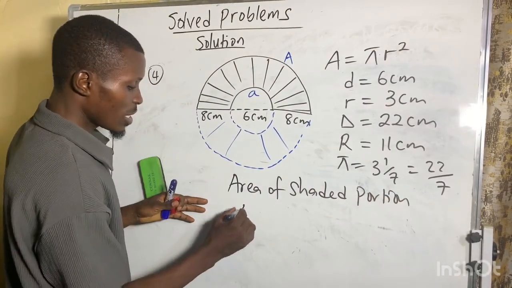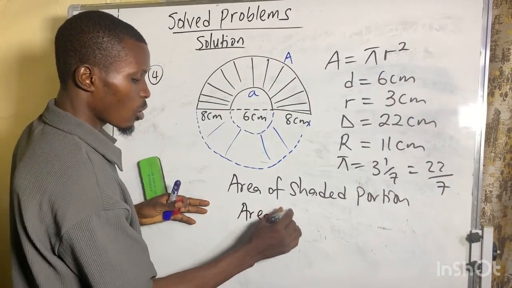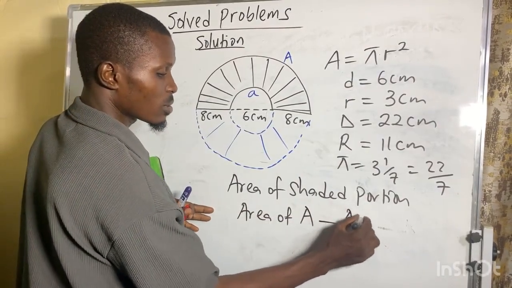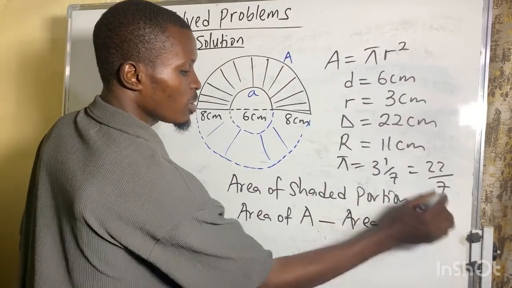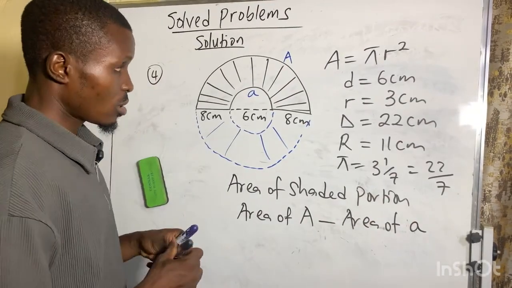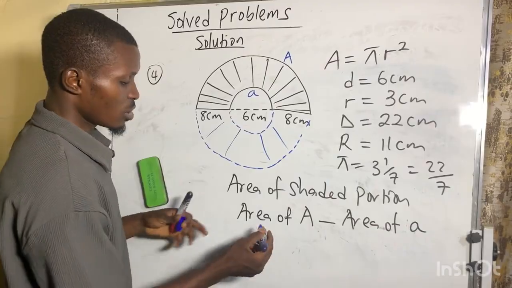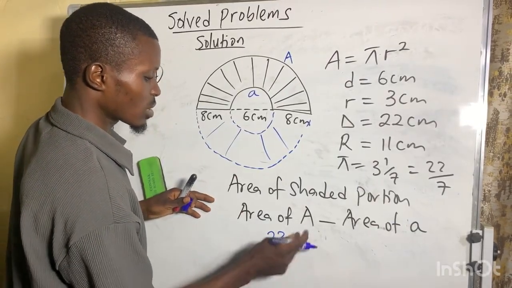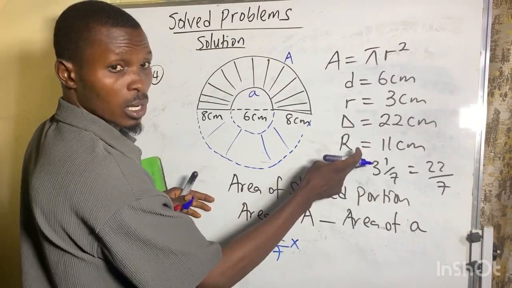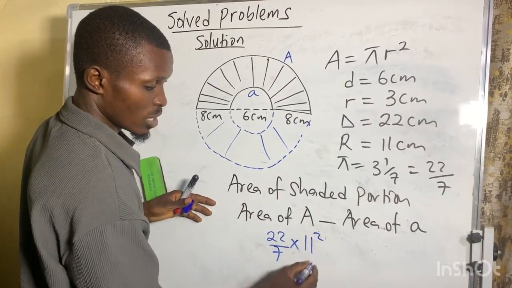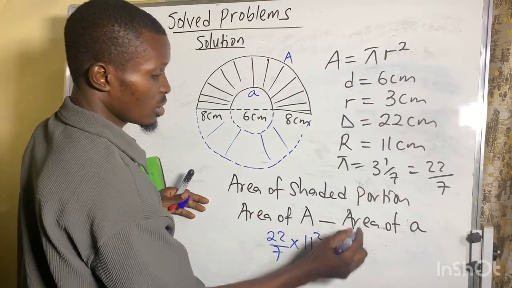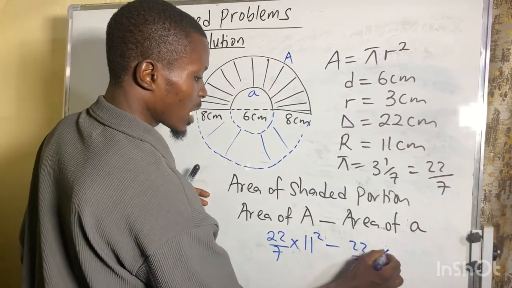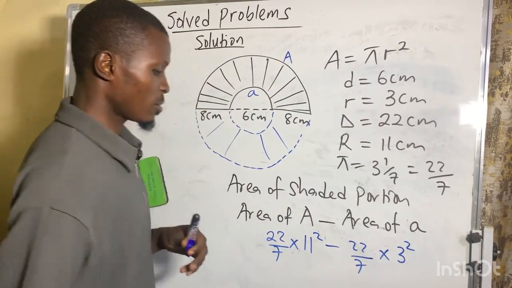It will be the area of capital A minus the area of small a. Area of capital A is what? 22 over 7 times 11 square, minus the area of the smaller circle, 22 over 7 times 3 squared.